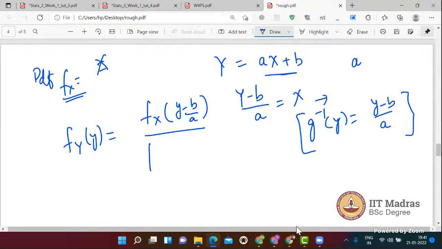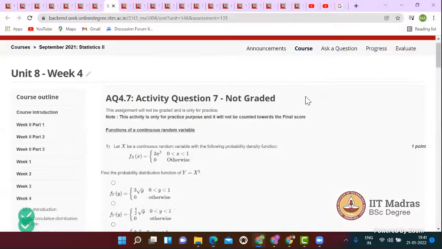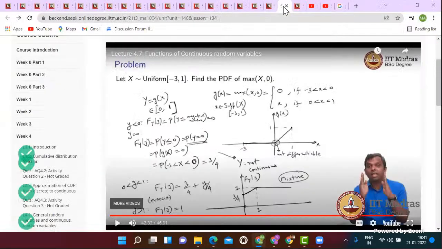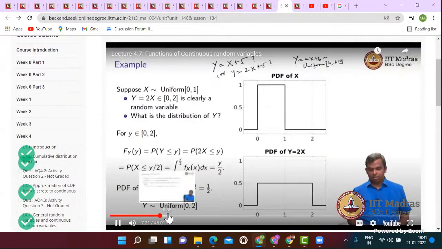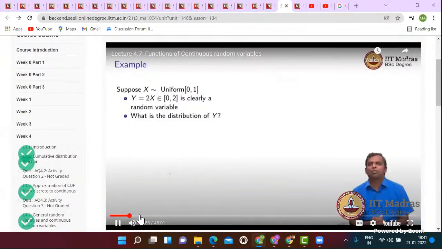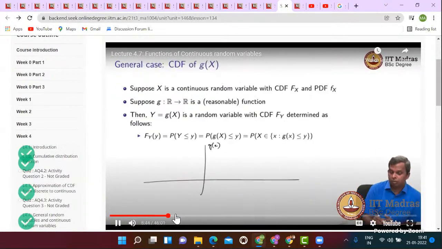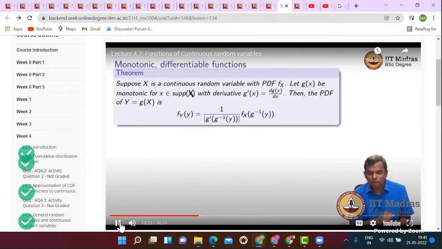Okay, I'll confirm in the lecture whether we are taking the differentiation of that g directly or g inverse x.